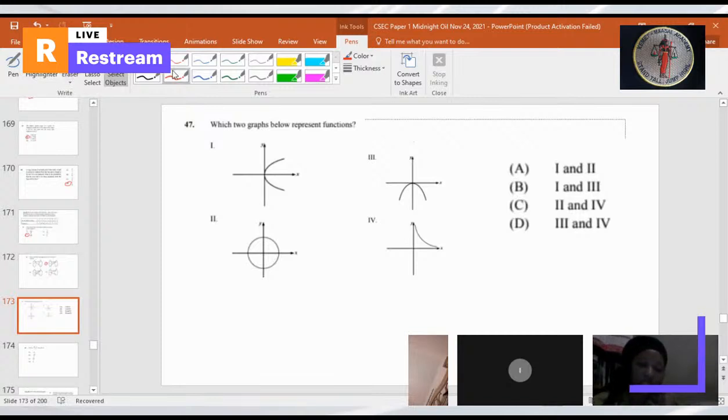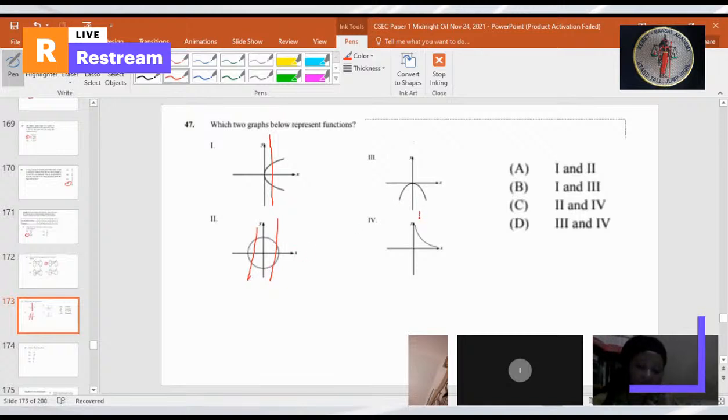So if I take a line and draw it straight down here, this cuts two places. That means the x is going to two y values. Same for there. Straight down, I'm cutting two places.